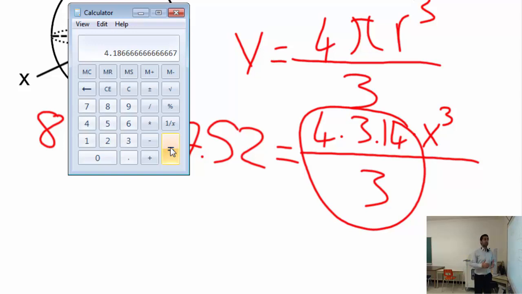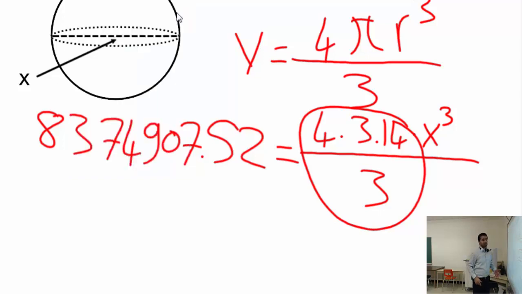Therefore, to avoid a mistake, it's better to send those numbers without doing the multiplication and division there, sending those numbers to the other side.